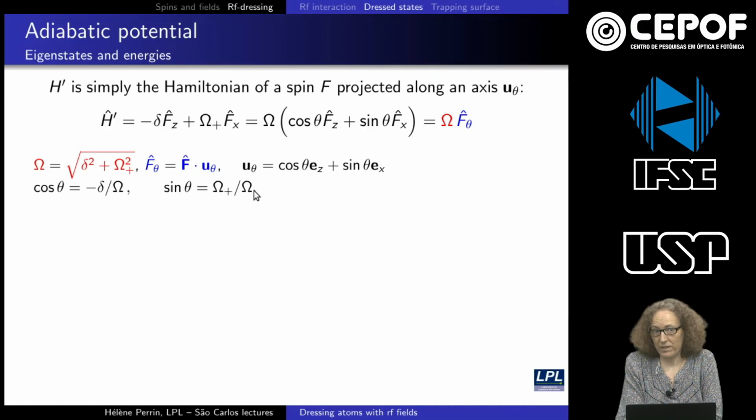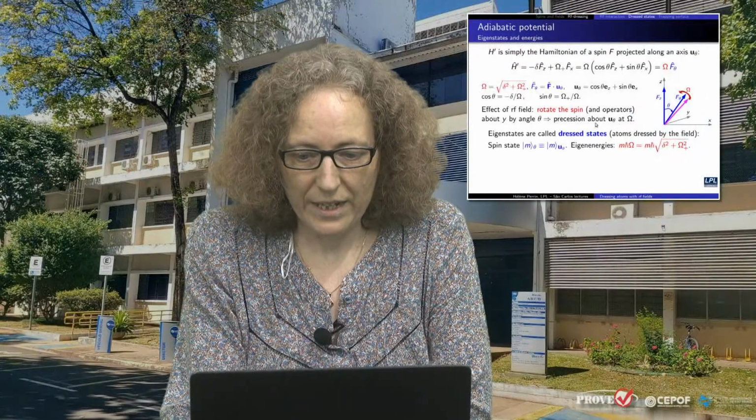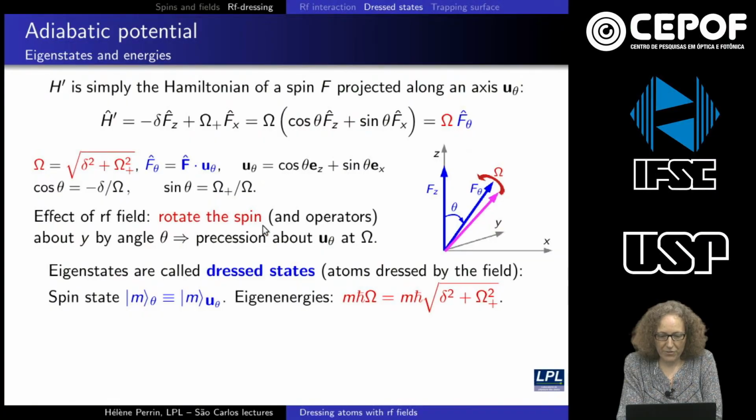So now that we have written the Hamiltonian as the one of a spin, we know what are the eigenstates and the eigenvalues, of course. And the effect of the RF spin is just to have rotated all the spins and operator about the direction y by an angle theta to get f theta. And now that we have the Hamiltonian under that form, we are back, like in the case of the usual magnetic field, we have a spin precession around the new axis f theta at angular frequency big omega.